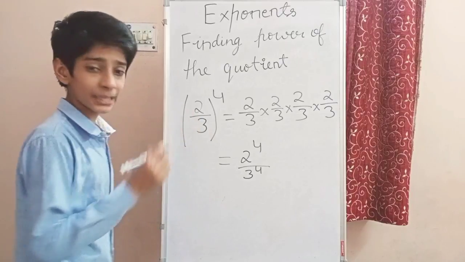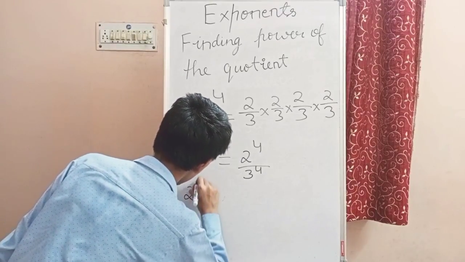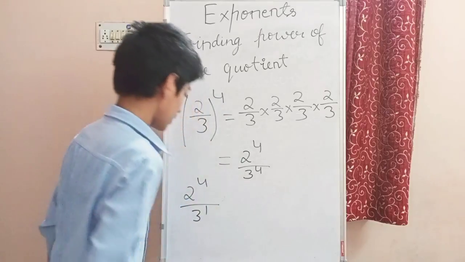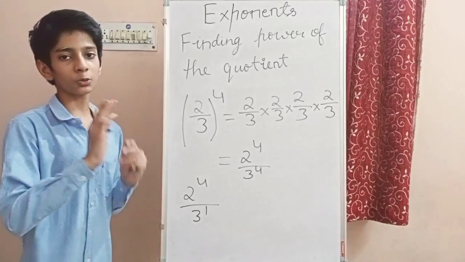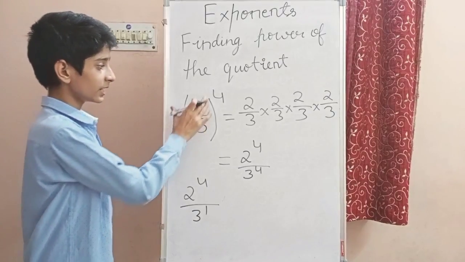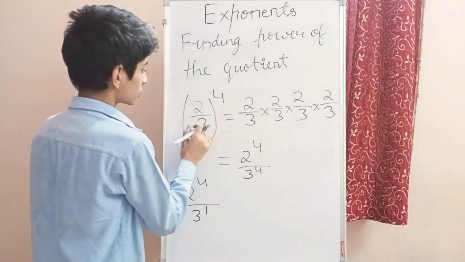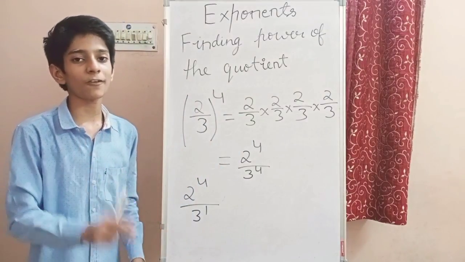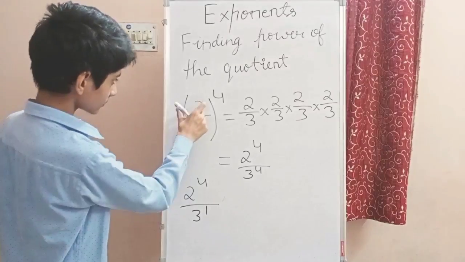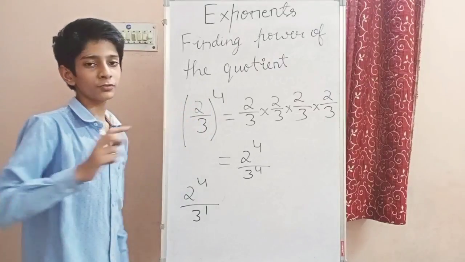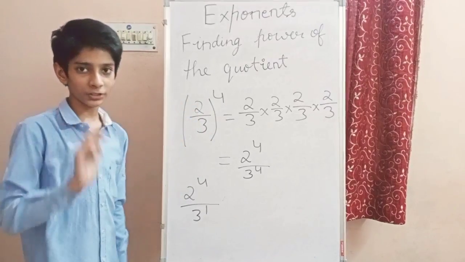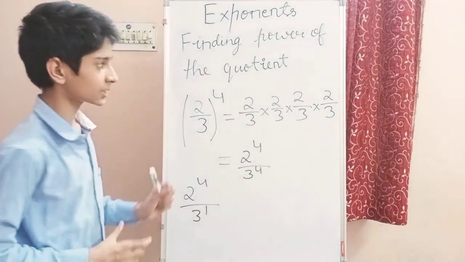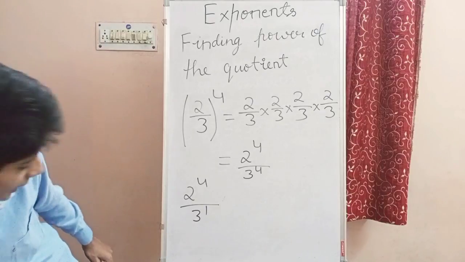And if it is written separately, it means if it is written 2 raised to the power 4 upon 3 raised to the power 1, then it will be only 2 raised to the power 4. But when 2 upon 3 is in bracket and after it is written raised to the power 4, then both numbers, which are 2 upon 3, will have the power of 4. Okay, so this is how you understand the fifth law of exponents.